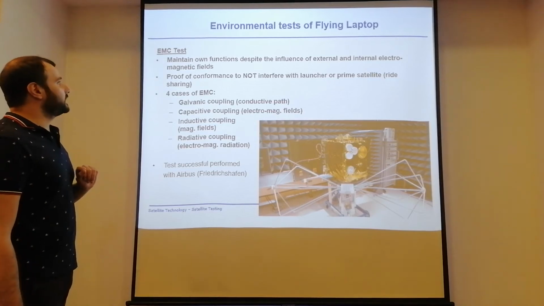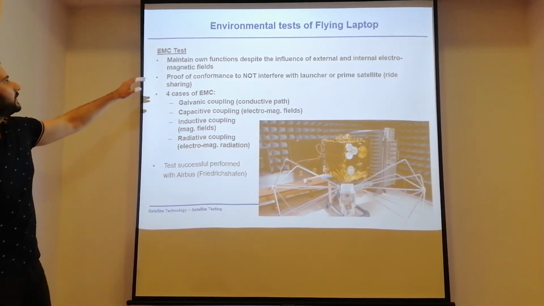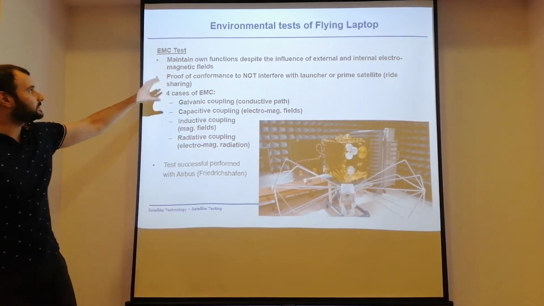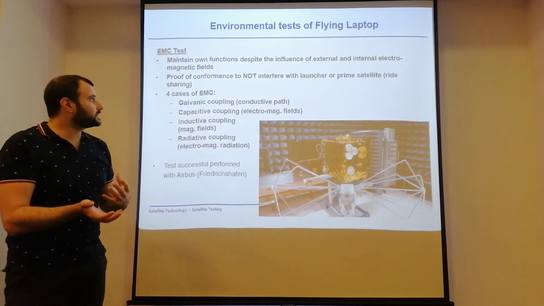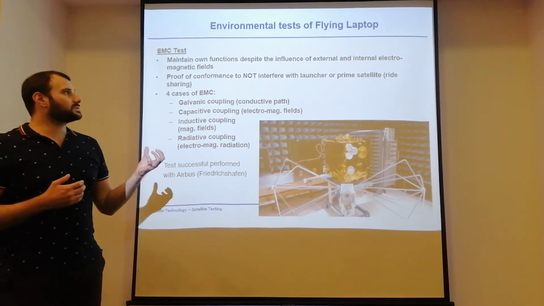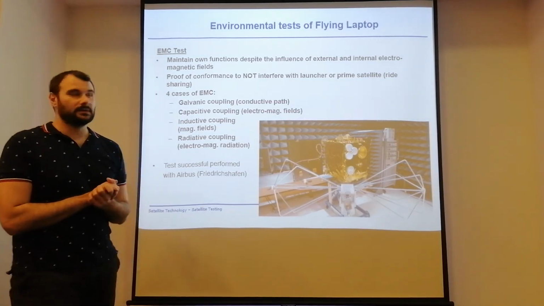Then we have the EMC tests. So the EMC tests are there to simulate and to show that you can maintain your own function despite the influence of external and internal electromagnetic fields.